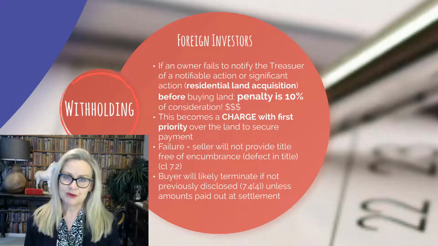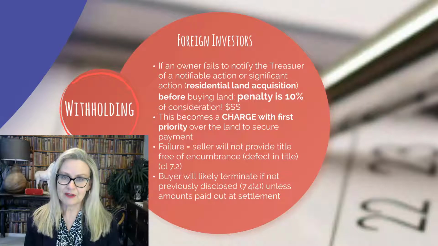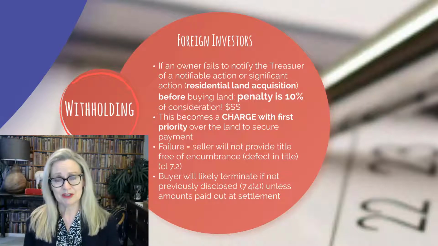What about the issue of foreign investors? Now, there's been a fair amount of development on this in a fairly quick time, or what seems like a fairly quick time.